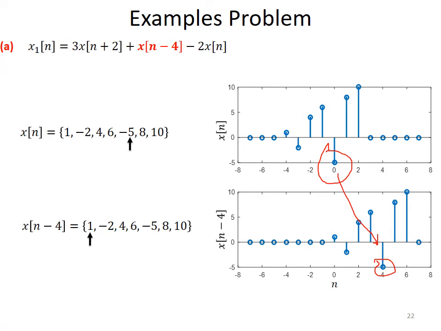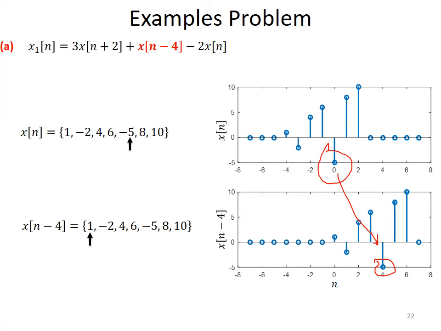Now let us find out x of n minus 4. It is simply a delayed version of x of n, so we have to perform a delay of 4 units on x of n. It means the sample that was at n equal to 0 now should be at n equal to 4. You can see that the minus 5 sample was at n equal to 0 here, and now it is shifted to n equal to 4.